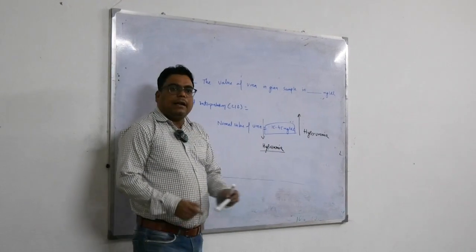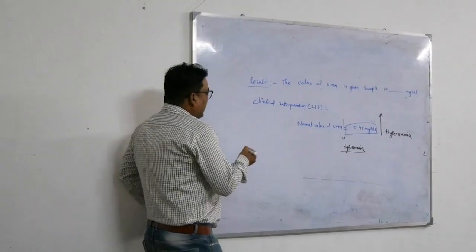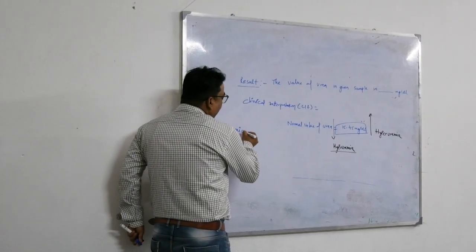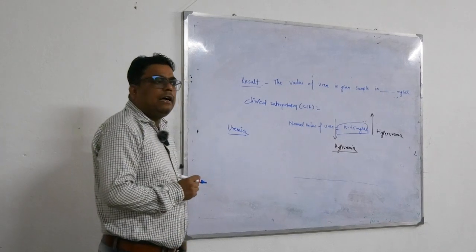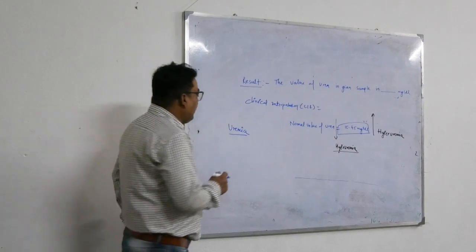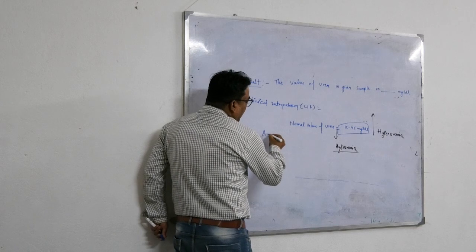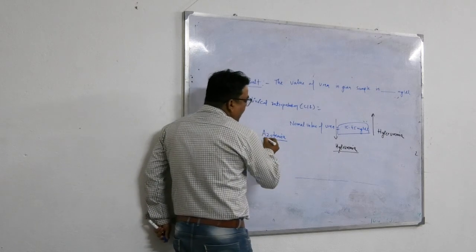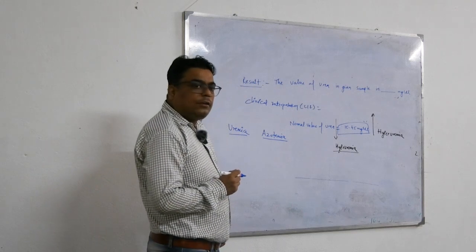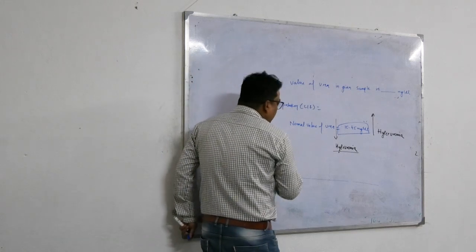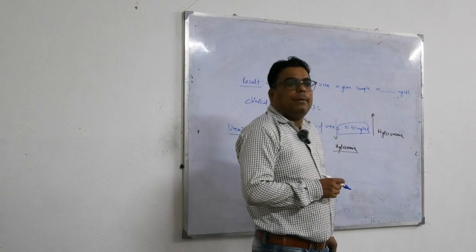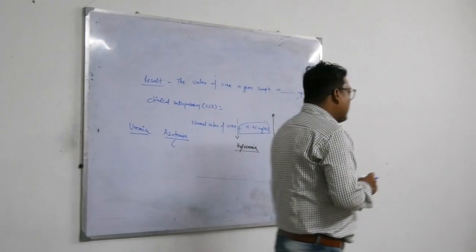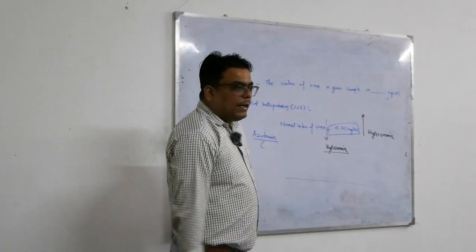Students, there is one term, uremia, the presence of urea in the blood. And the second term is azotemia. Azotemia is the presence of total nitrogen in the blood. Okay?